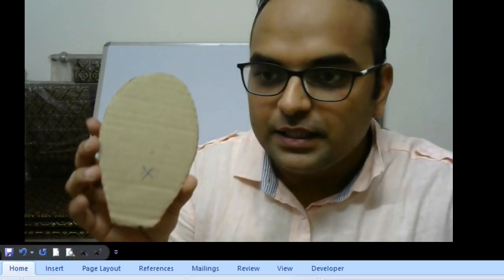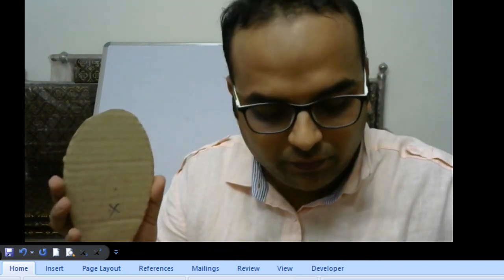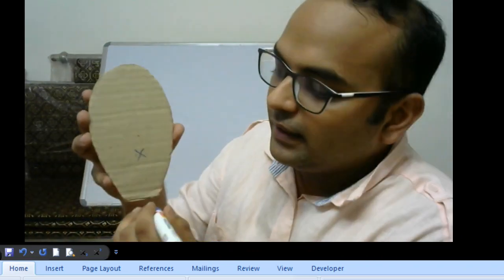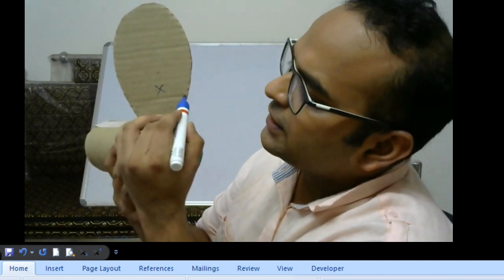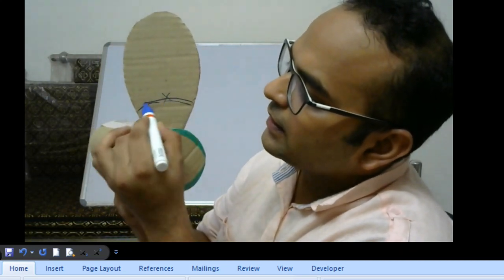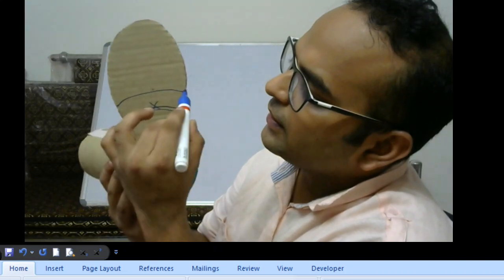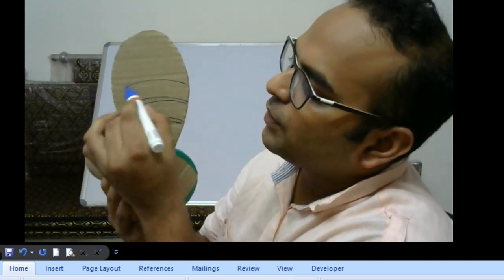Okay, so this is the propeller blade. From the center line at various distances, you can make small elements of the propeller.